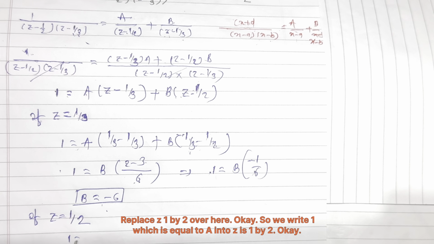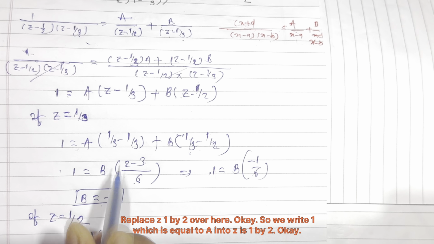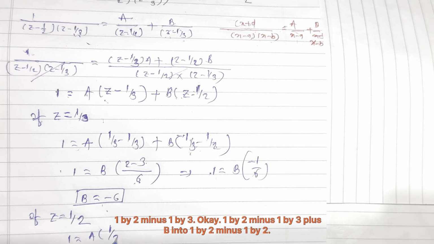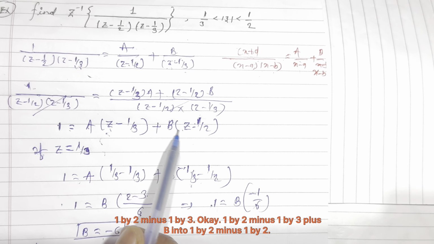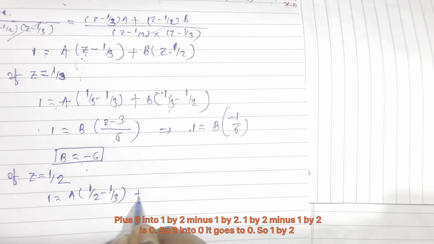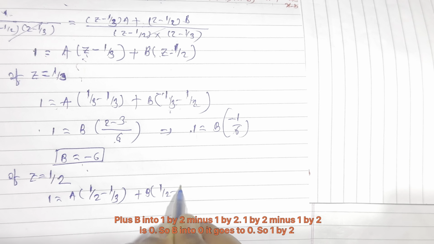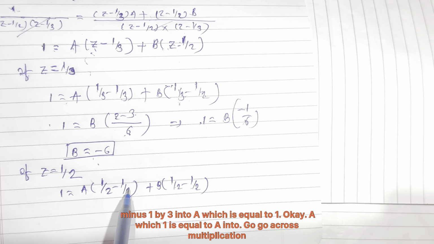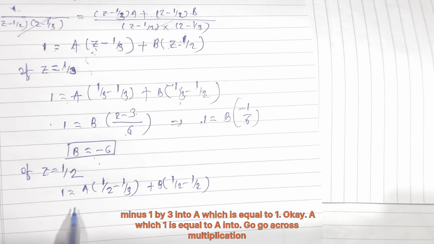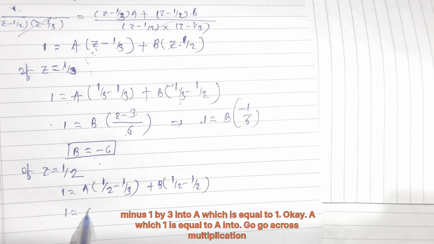So we write 1 equal to a into (1/2 - 1/3) plus b into (1/2 - 1/2). 1/2 - 1/2 is 0, so b into 0 goes to 0. So 1 is equal to a into (1/2 - 1/3).